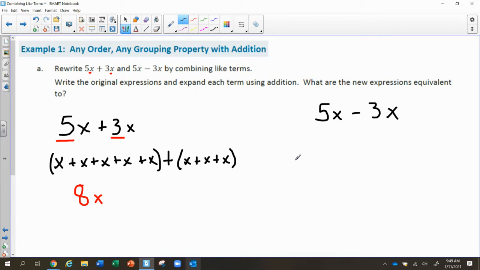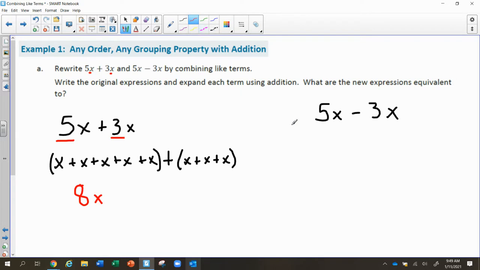Well, the same is true here. I could rewrite and say I have 5 x's, and I'm going to take away 3 of those x's. I could do just like we did with negatives. I could say, well, it's like 5x plus 3 negative x's, so negative, negative, negative.